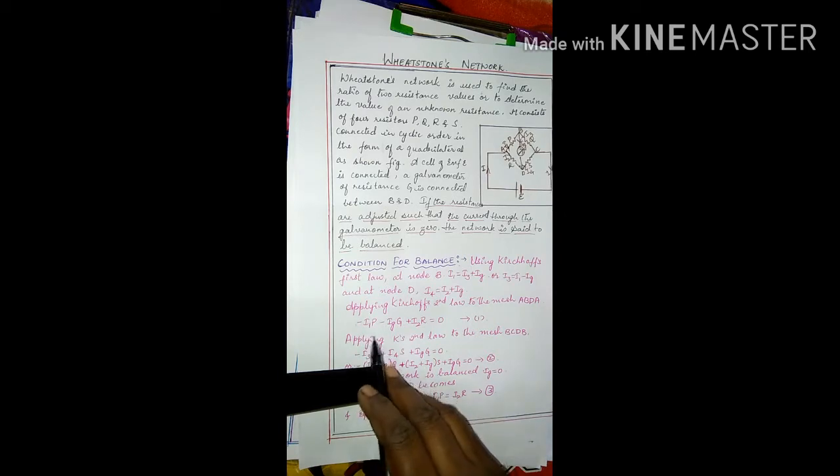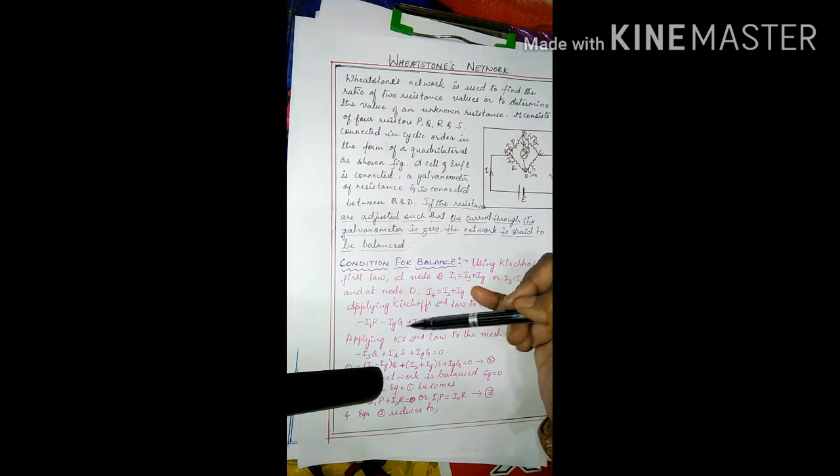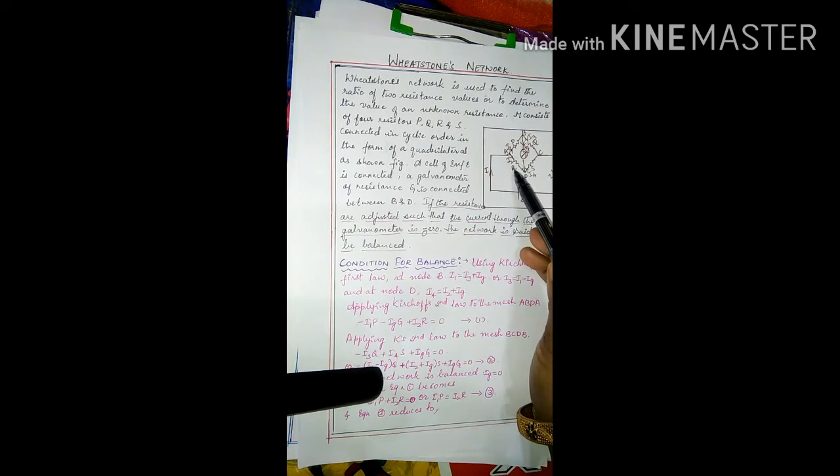I1 P. It is in the direction of the current itself, hence we will take it as minus I1 P. And from B to D, it is again in the direction of the cycle, and hence we will take it as minus IgG. And from A to D it is in the opposite direction, hence we will take it as plus I2 R, that is equal to 0. So let us call this as equation number 1.